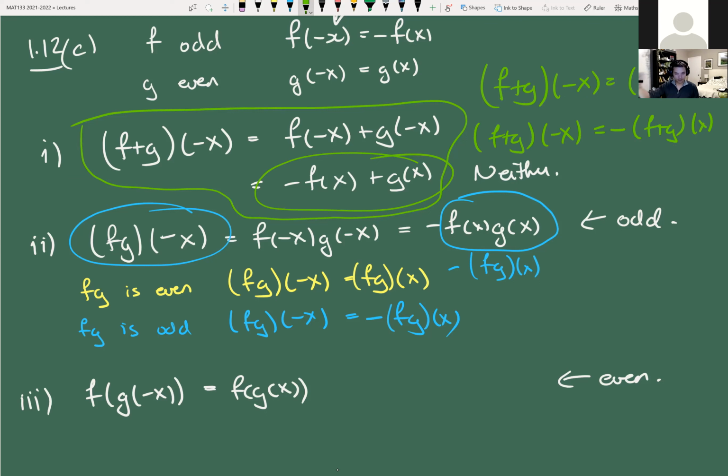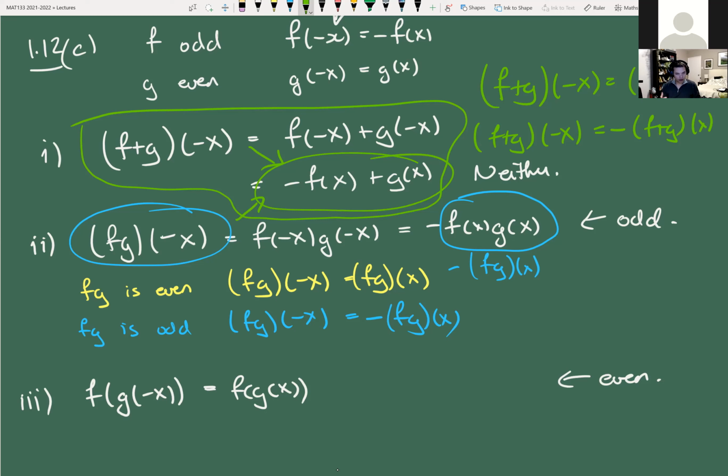The first thing is f of x plus g of x. This thing here is negative f of x minus g of x. And this thing is neither of those two things. It is neither f plus g nor negative f minus negative g. It's something in between. So that tells us it's neither.